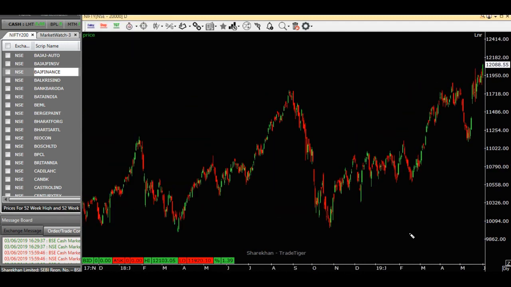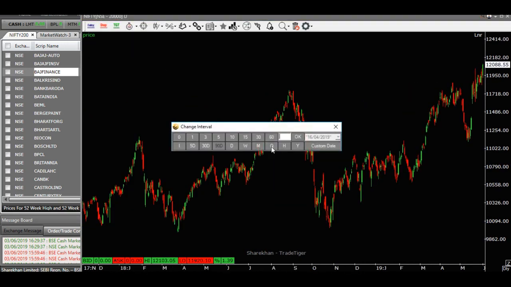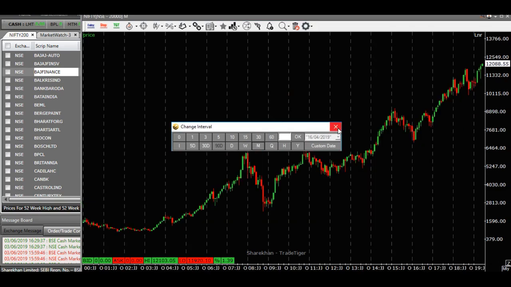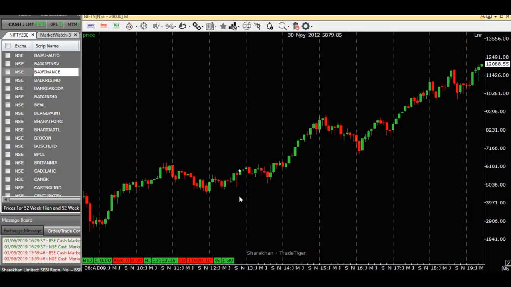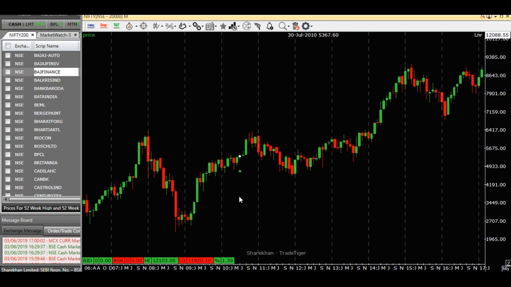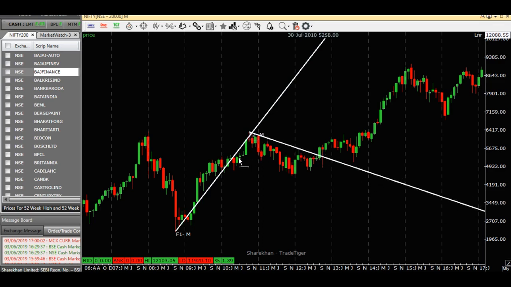Let's look at the chart of Nifty. We can also see this on higher time frames. That was on the daily time frame. Let's look at it on the monthly time frame. So, nice impulsive up move, followed by a pullback consolidation.